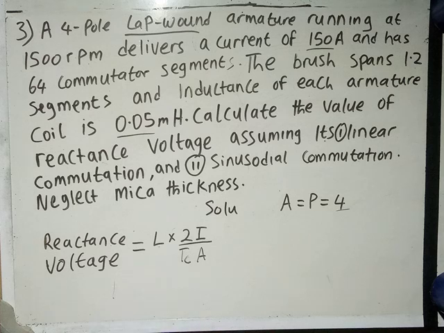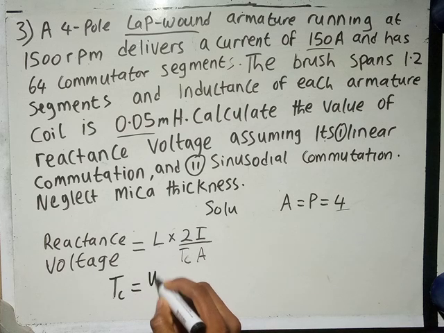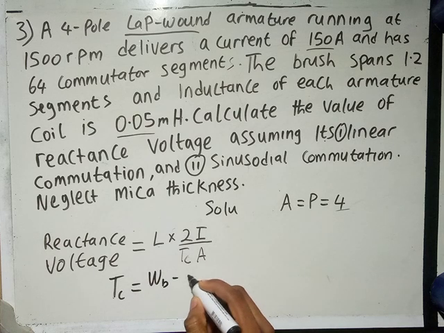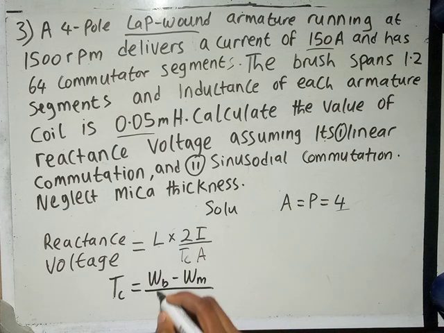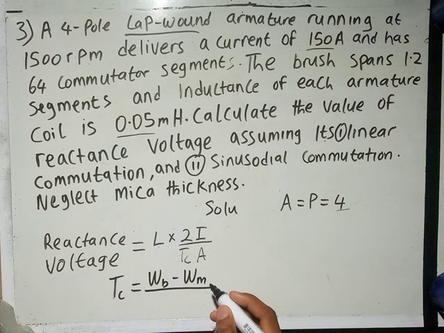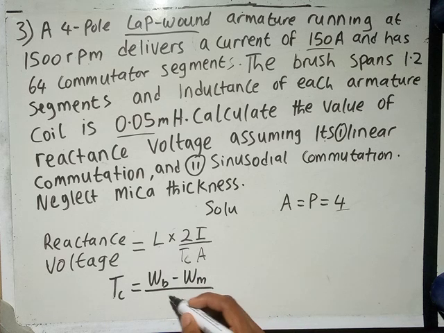So our TC is given by WB, where WB is the width of your brush, and WM is your mica insulation width, all over your peripheral velocity.